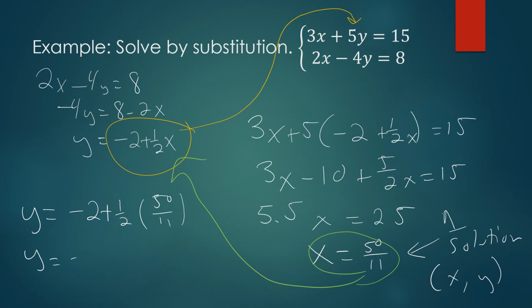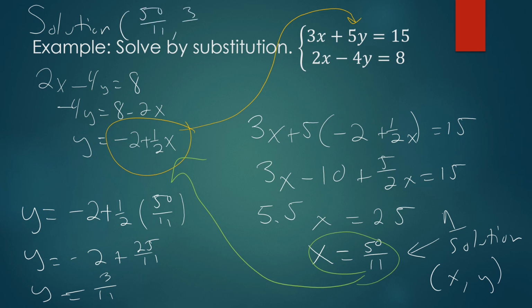So y is going to equal negative 2 plus 25 over 11, which gives us 3 over 11. That means my final solution is the ordered pair 50 over 11 and 3 over 11.